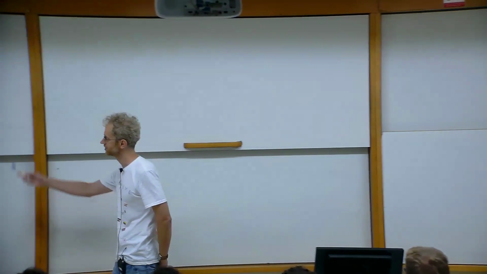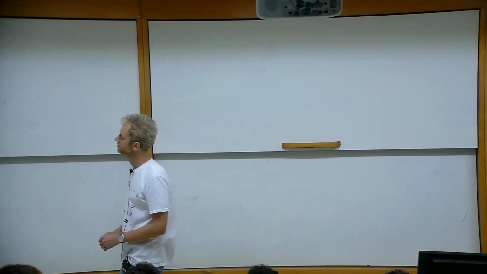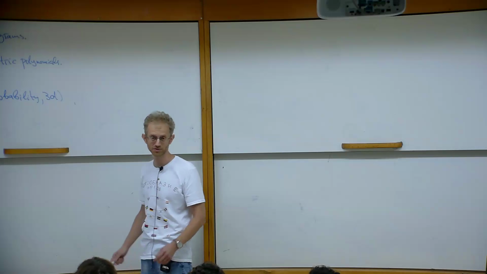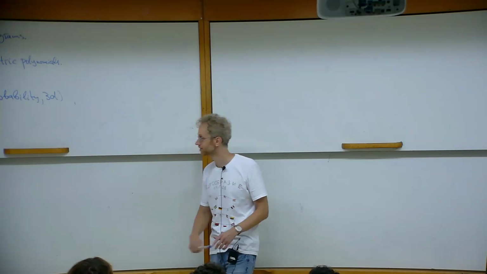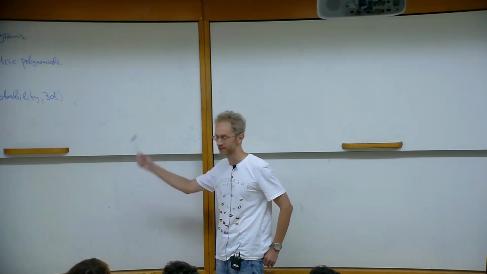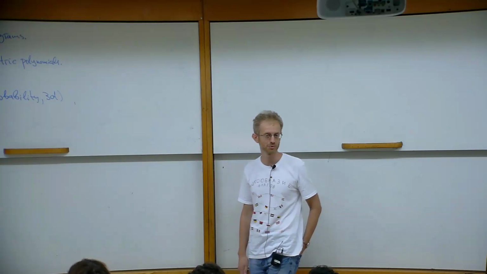So this is the brief plan for the talk. I'll try to cover the first 4 points, and then with more, I'm not sure I'm able to get there, but I'll try to say a few words.